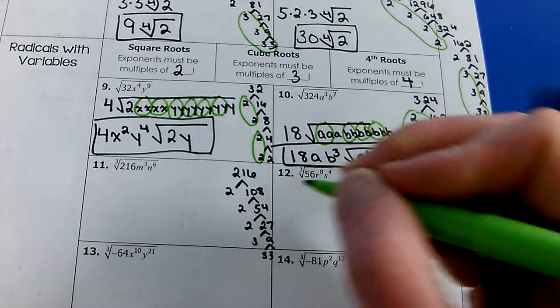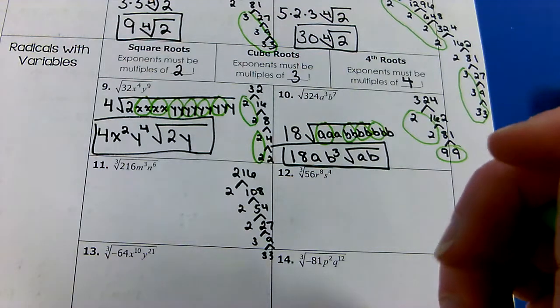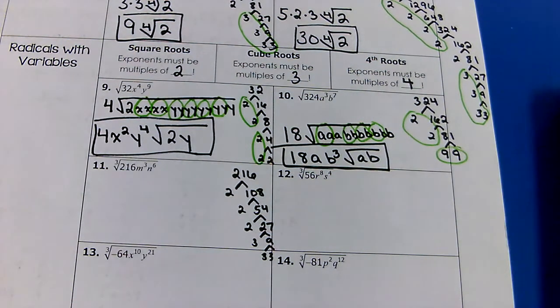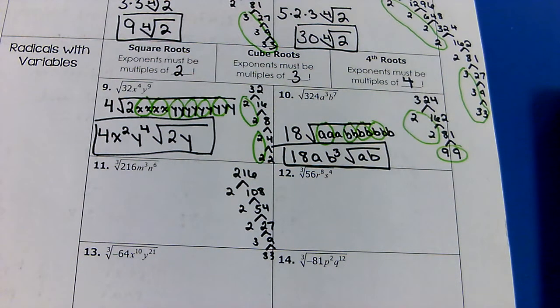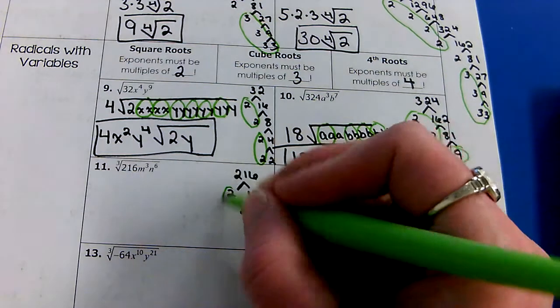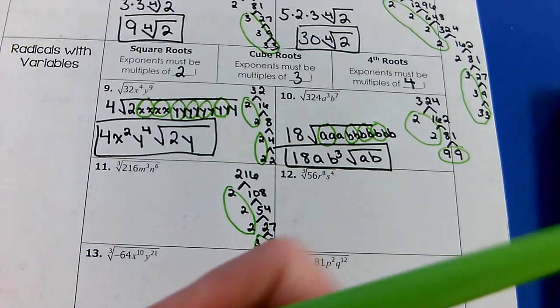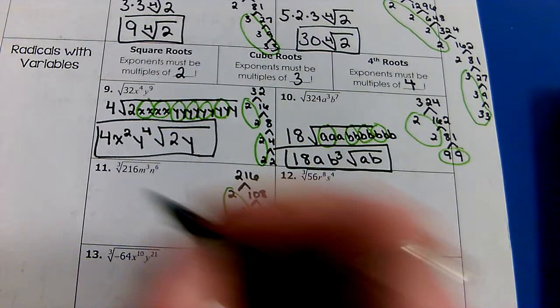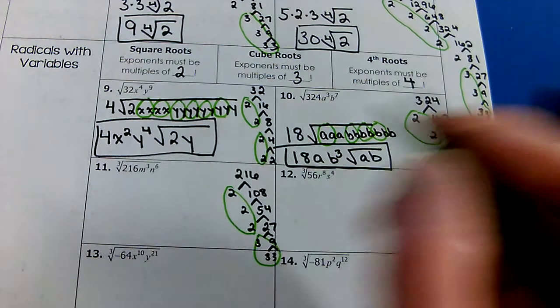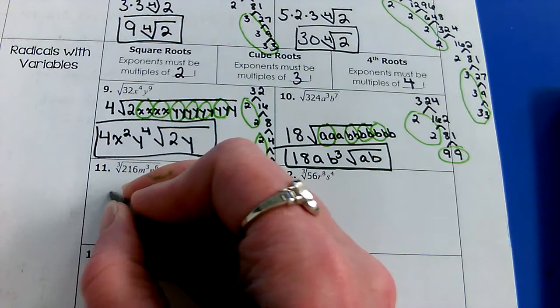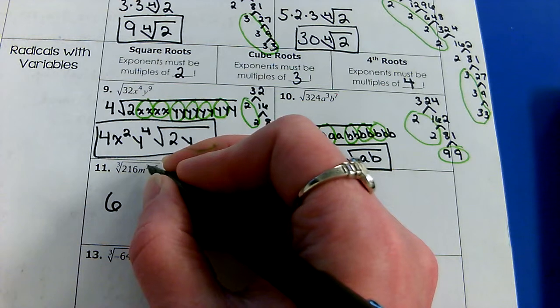I have, is that right? That's a 6 that gets to come out because I'm looking for triplets. That's an index of a 3. So a 6 gets to come out.